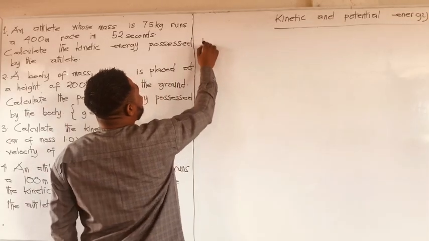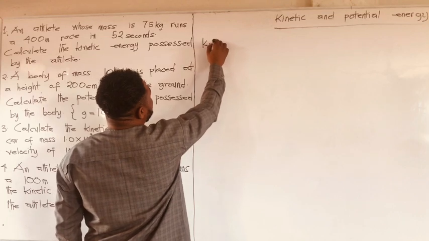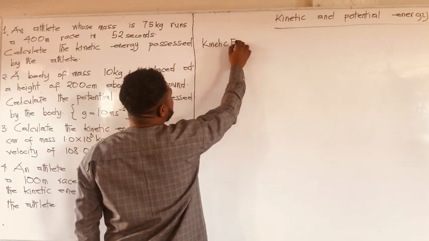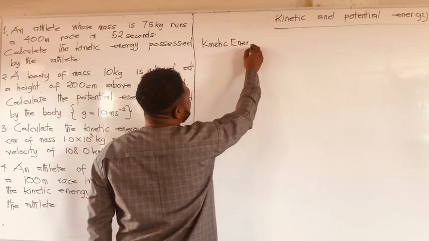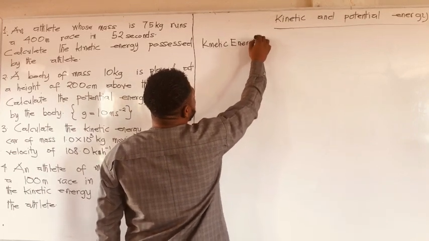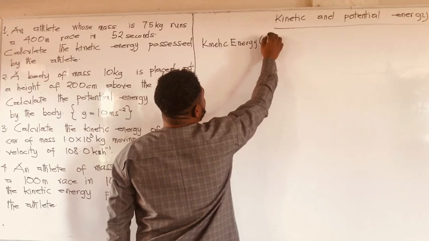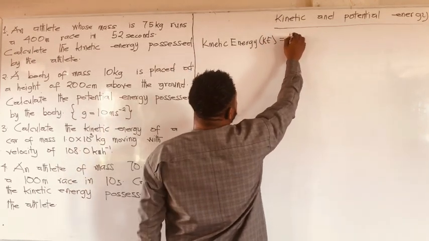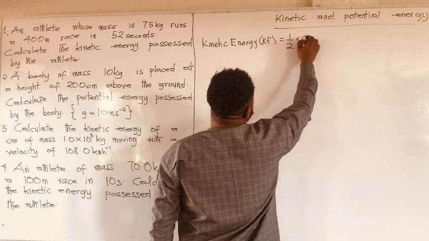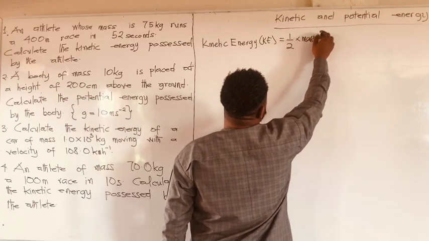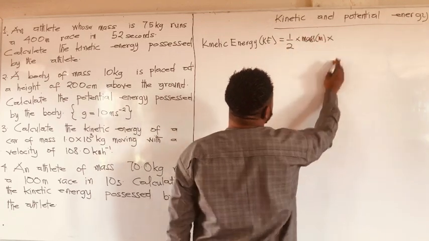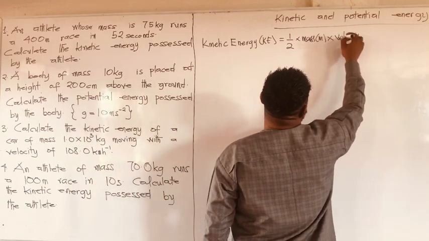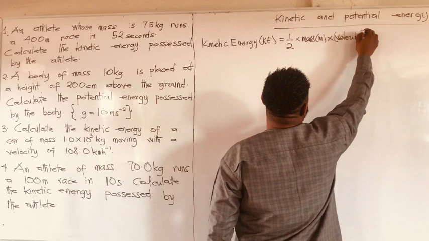From the definition of kinetic energy, where we said kinetic energy is the energy possessed by a body in motion, mathematically, we can say that kinetic energy is equal to half multiplying the mass of the body times velocity squared.